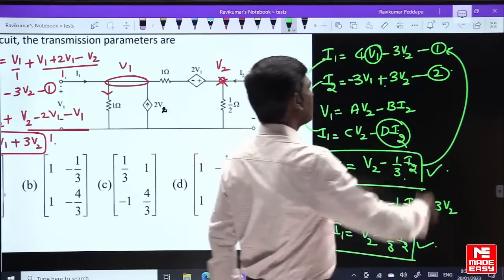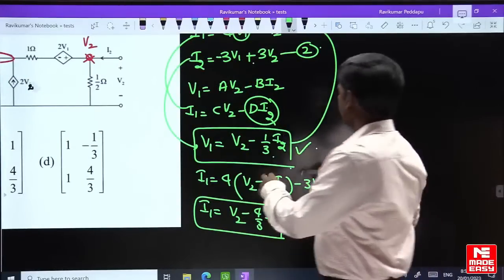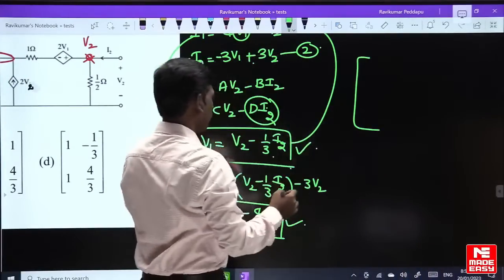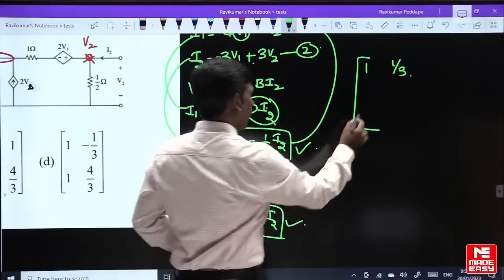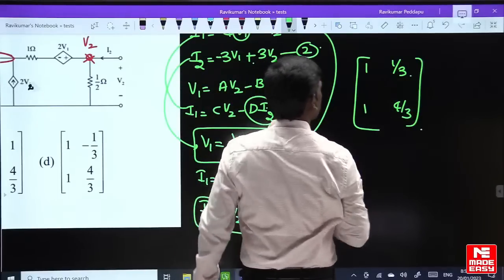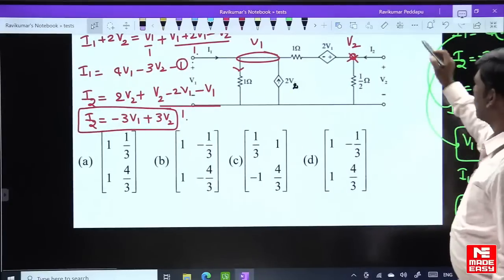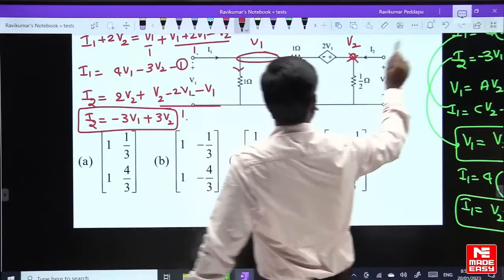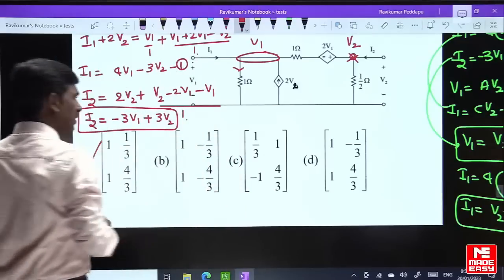Compare with the equations. Now A, B, C, D become 1, 1 by 3, 1 and 4 by 3. What is in the options? 1, 1 by 3, 1, 4 by 3. Option A is correct. Is it clear now?